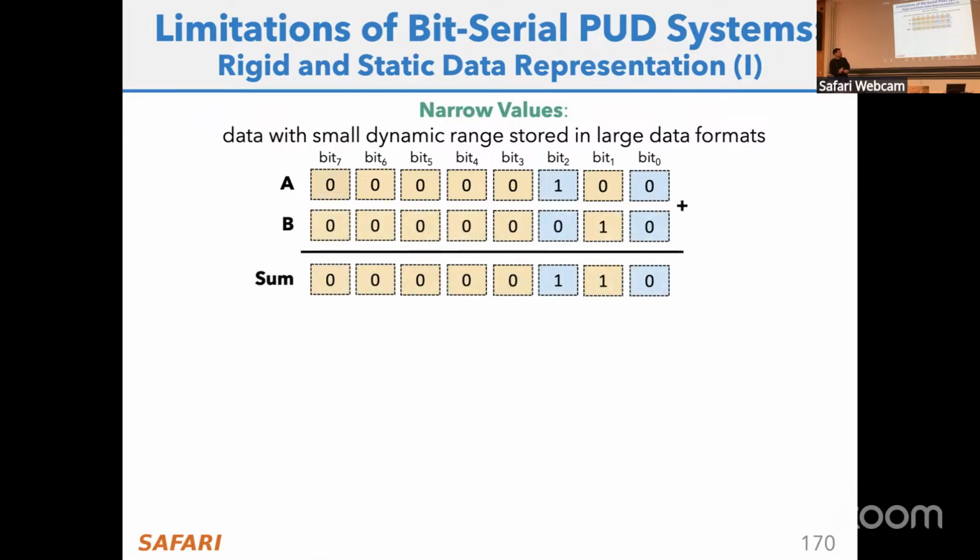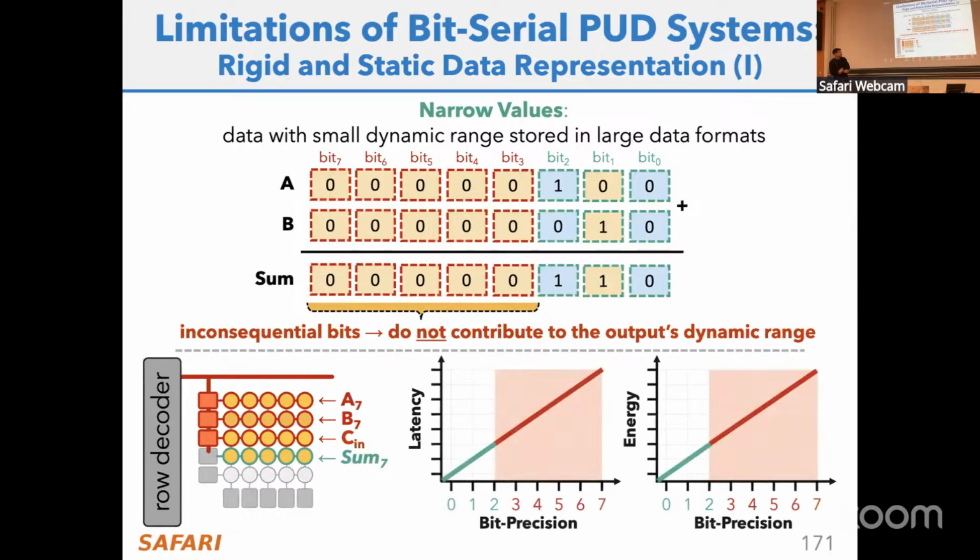And if you want to do an addition operation doing processing in memory over this computation, you're going to perform a lot of activations over what we call inconsequential bits. Those most significant bits here on the data do not necessarily contribute to the precision of the computation, but still you need to execute them because you don't know if this is going to be 8 or if you're going to have a 1 here in the most significant bit prior to the computation.